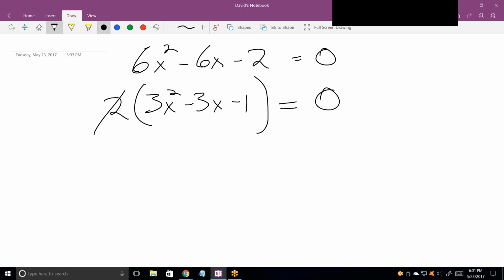Right. Now, it doesn't take very long to see that this does not factor very well. In other words, there's not many ways to factor 3x squared, and there's not many ways to factor 1. None of the combinations are going to produce this middle term.